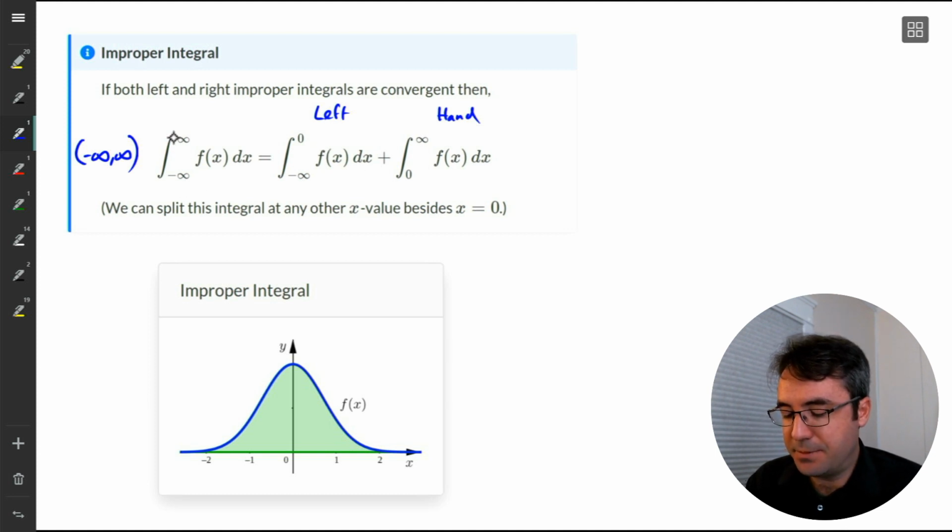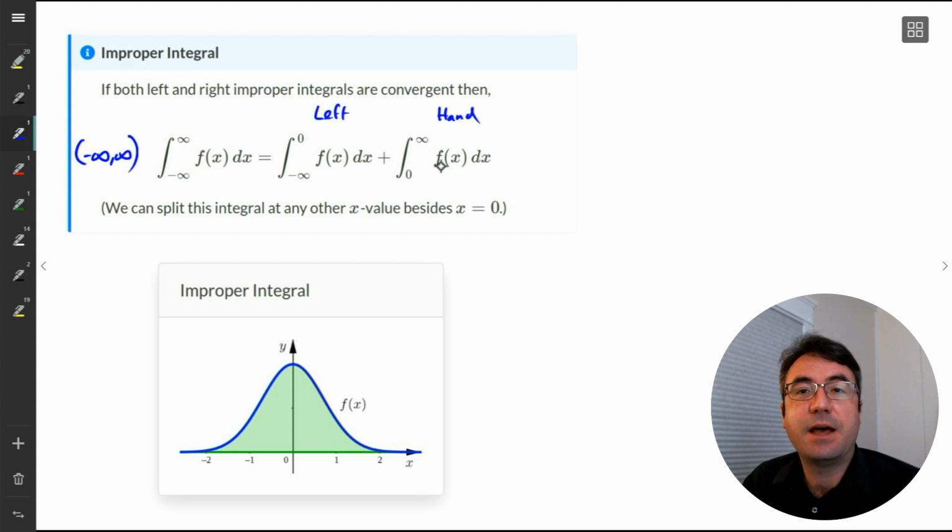Now, there is some condition here. So this improper integral is convergent only if both of these left and right improper integrals are convergent.